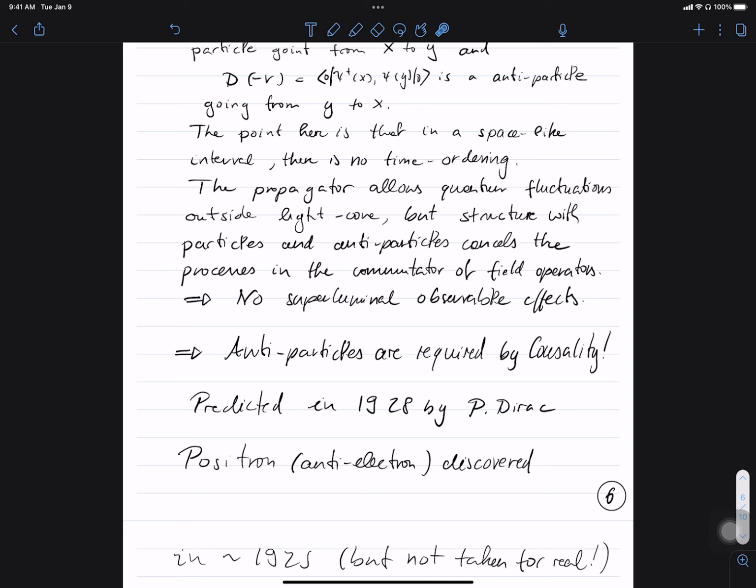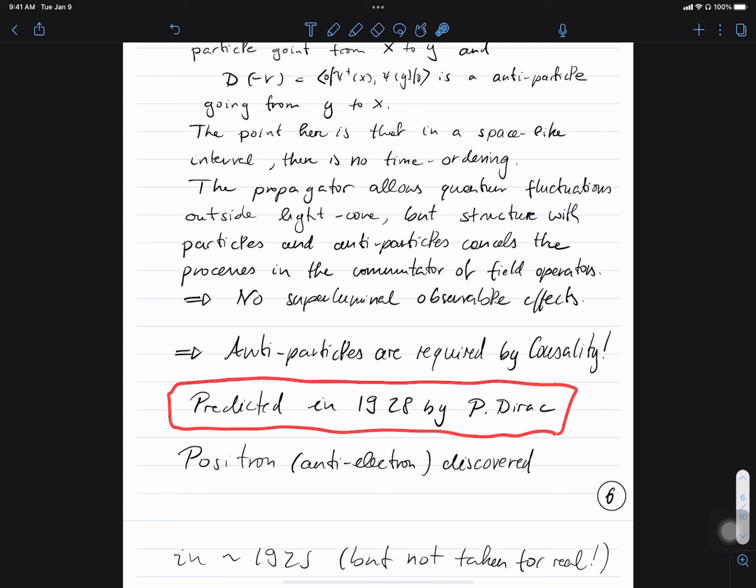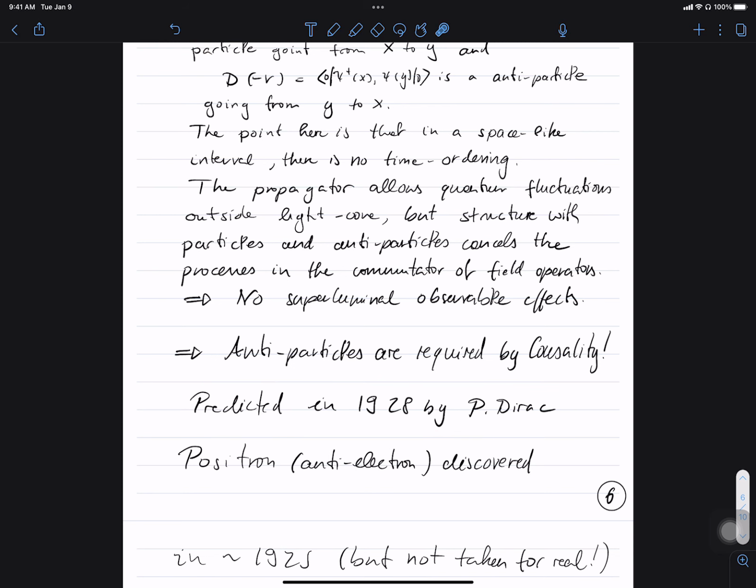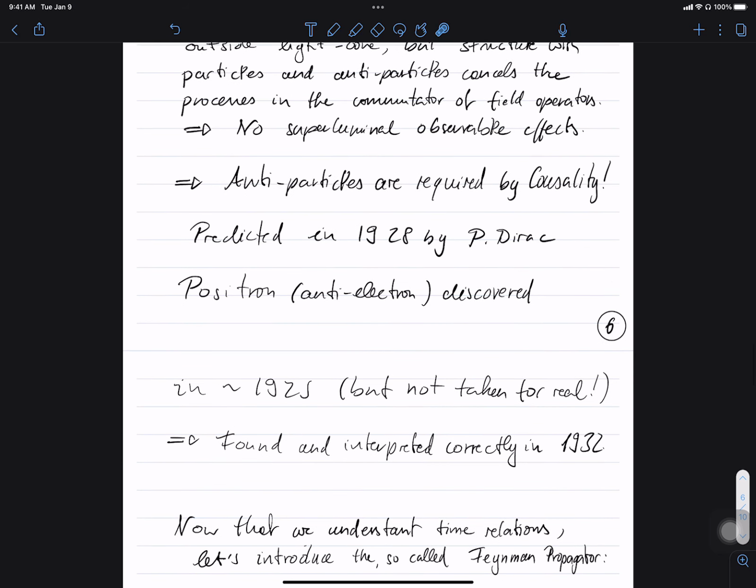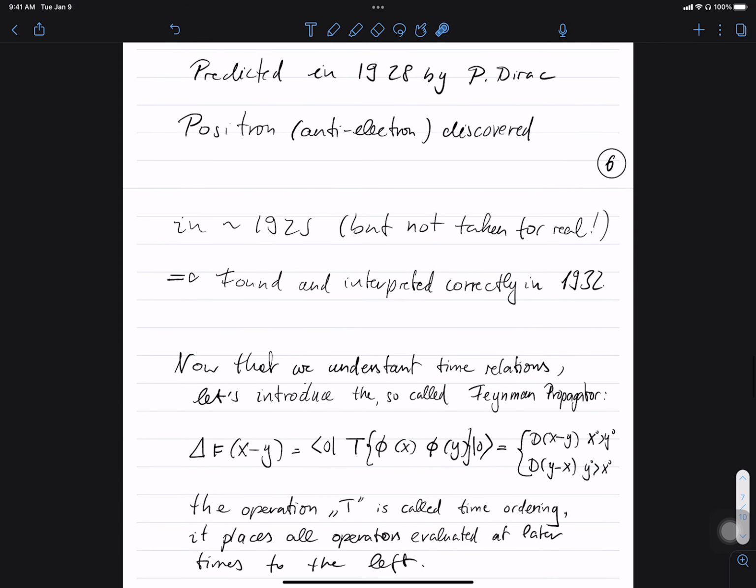The positron, the antiparticle of the electron, was predicted in 1928 by Paul Dirac. And it was discovered, but the funny thing is it was discovered even before the prediction, in 1925, but not taken seriously. The person who conducted the experiments thought it made sense but didn't publish the data in a meaningful way to claim a new particle discovery.